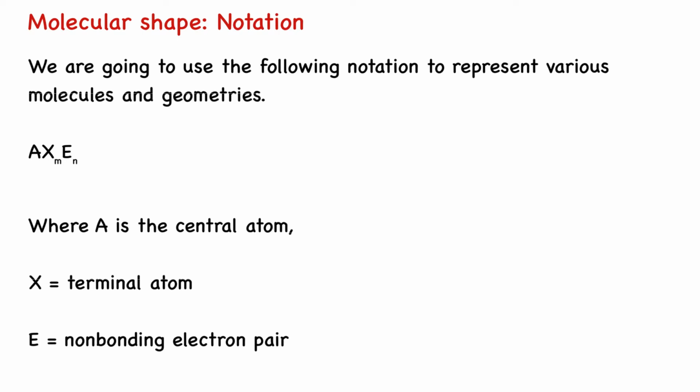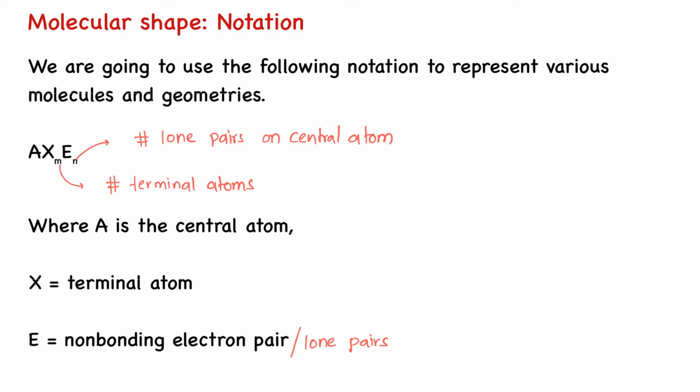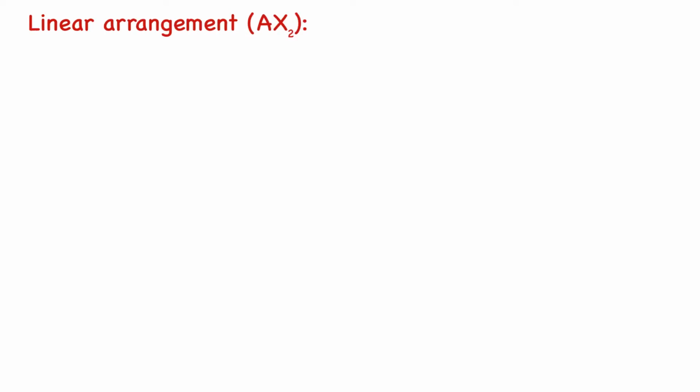The molecule is represented by writing A, X subscript M, E subscript N, where A is the central atom and X is the terminal atom, where subscript M represents the number of terminal atoms, and capital E is the non-bonding electron pair, and the subscript N represents the number of non-bonding electron pairs.